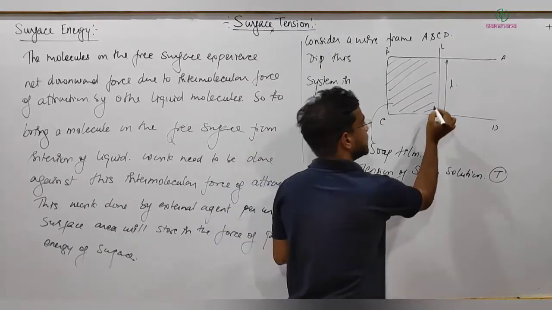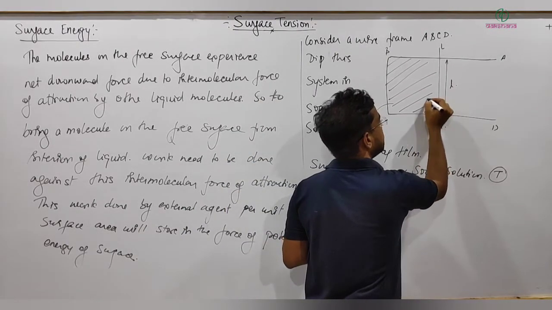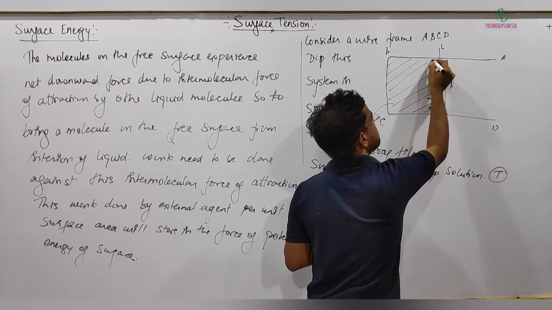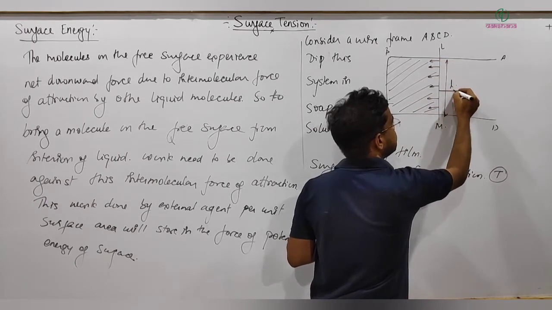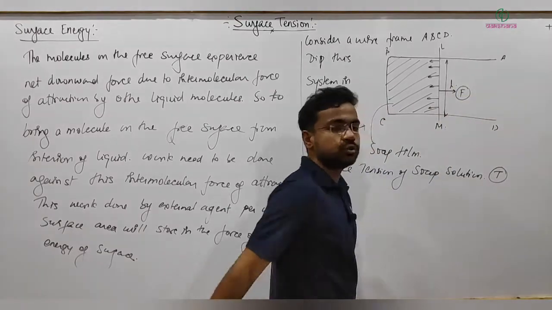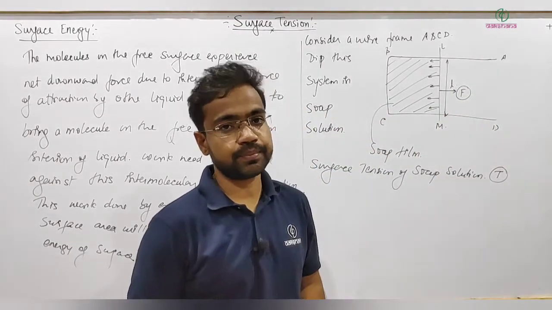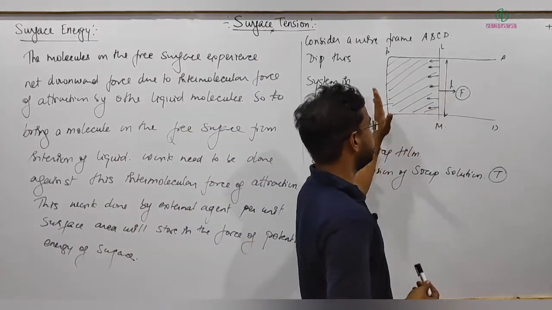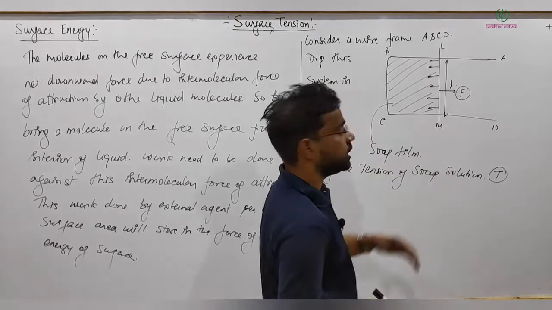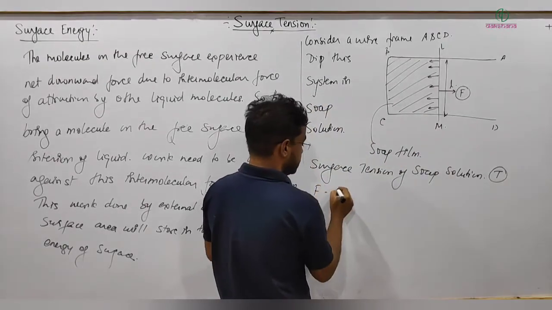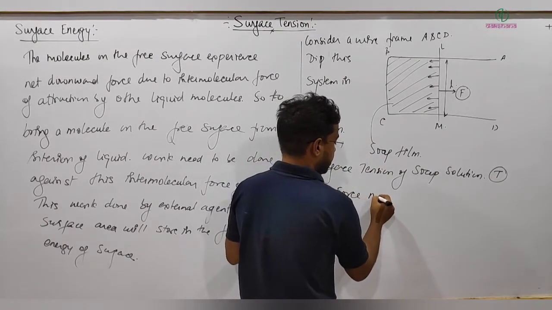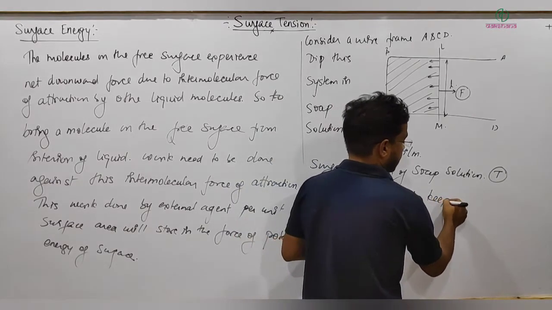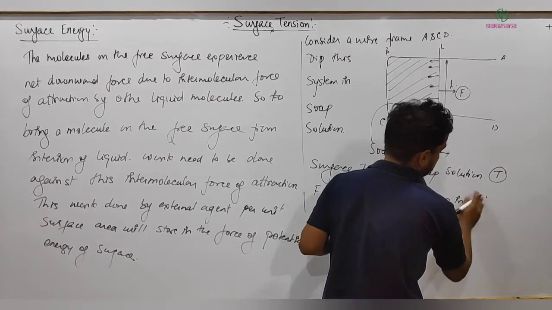Because of that, on this wire there will be a net inward force acting, which will try to reduce the surface area. To just keep it in balance, we need to apply some force F, right? Otherwise it is free to slide, it will simply move and this area will keep on decreasing. So F is the force needed to keep it balanced.